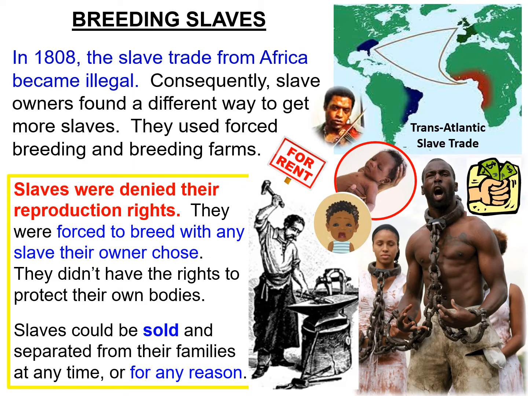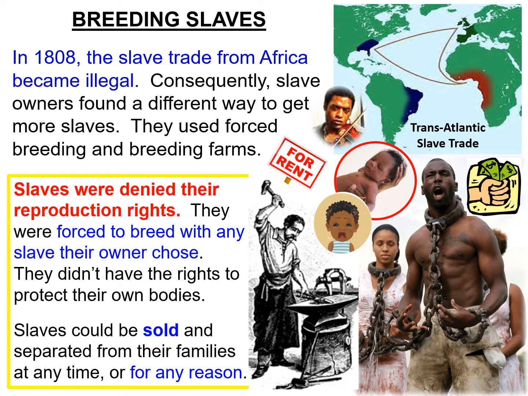Well, when the slave trade was banned, this transatlantic slave trade, and you see the picture in the top right hand corner, the Southern slave owners had to find a new way to get more slaves. And the way that they did that was by breeding slaves. A person who was enslaved did not have any rights or any control of their own body.